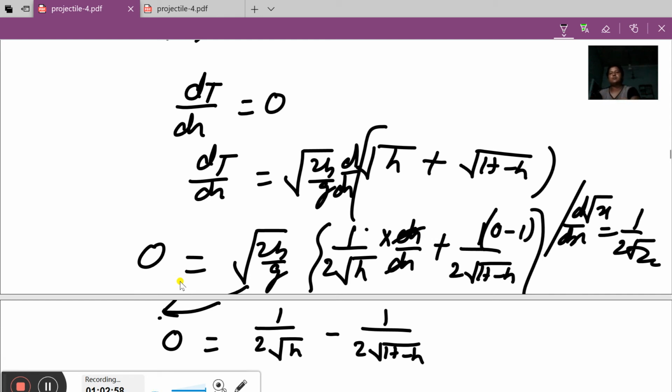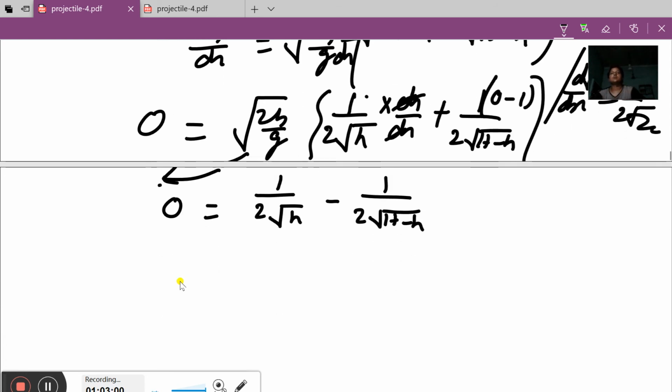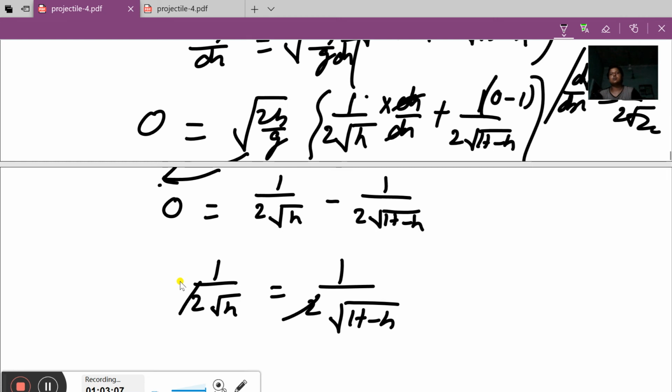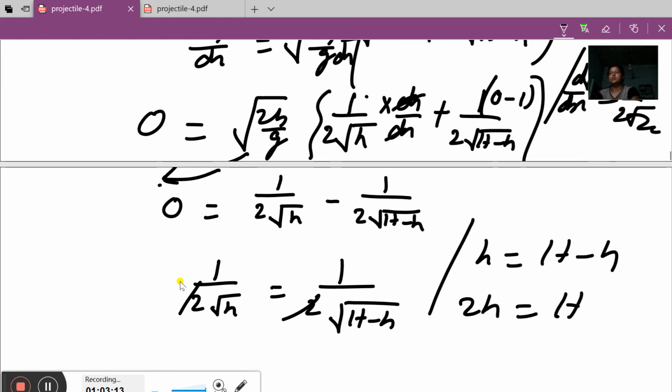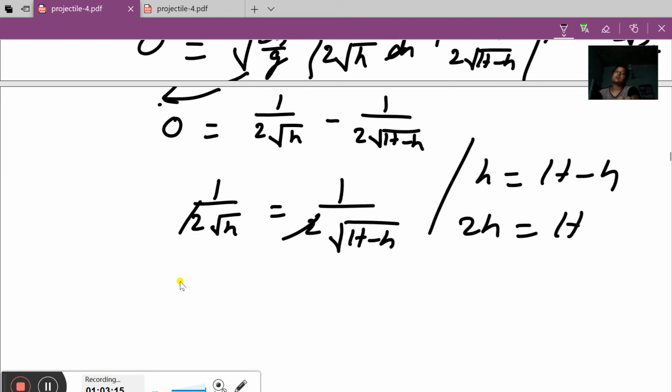So 1 by 2 under root h equals 1 by 2 under root H minus h. 2 gets cancelled. h equals H minus h, 2h equals H. So h is nothing but H over 2.